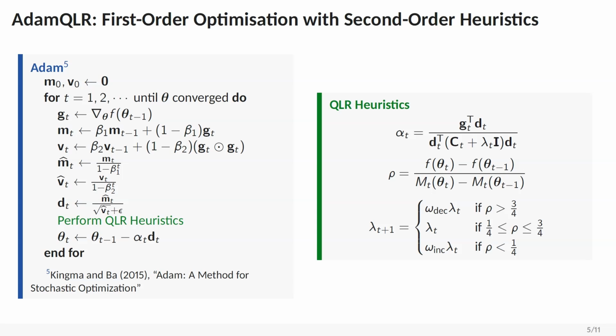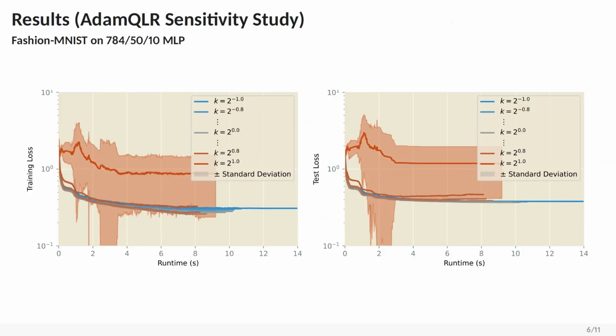By analogy with Adam and K-FAC, we use the Fisher information matrix as our curvature matrix in these expressions. We can then use our dynamic learning rate to compute the actual parameter update. This modification can be applied to Adam with minimal difficulty, and can similarly be applied to a range of other first-order methods. We can now use AdamQLR as a tool to empirically study Adam and K-FAC.